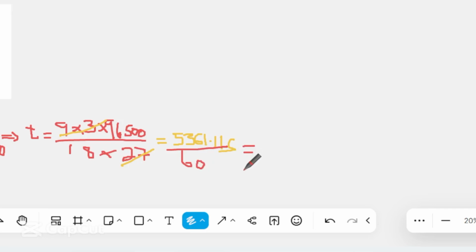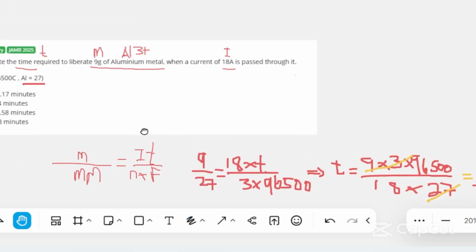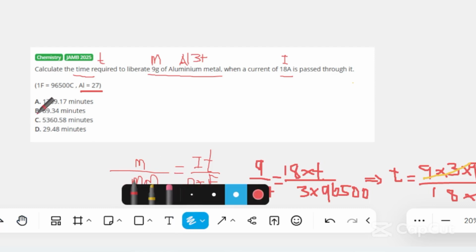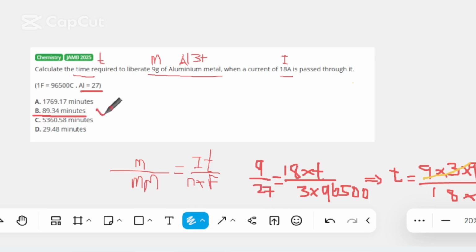Divided by 60, we have 89.35 minutes. So now you have gotten your answer in minutes. Let's check which one is 89.35. You can see in option B you have 89.34. Ladies and gentlemen, if this was your JAM question, next year just choose B as your correct answer.